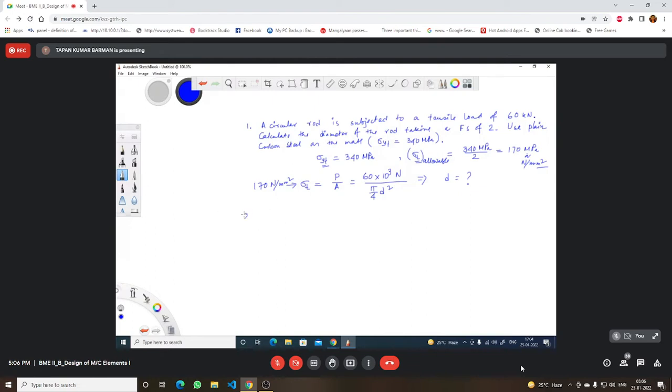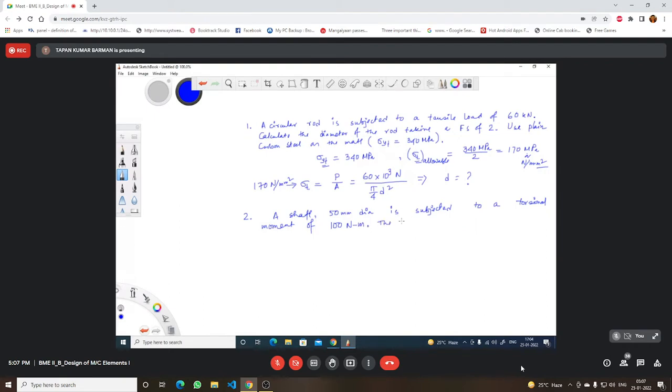Another problem may be like this. A shaft, say 50 millimeter diameter, is subjected to a torsional moment of say 100 Newton meter.